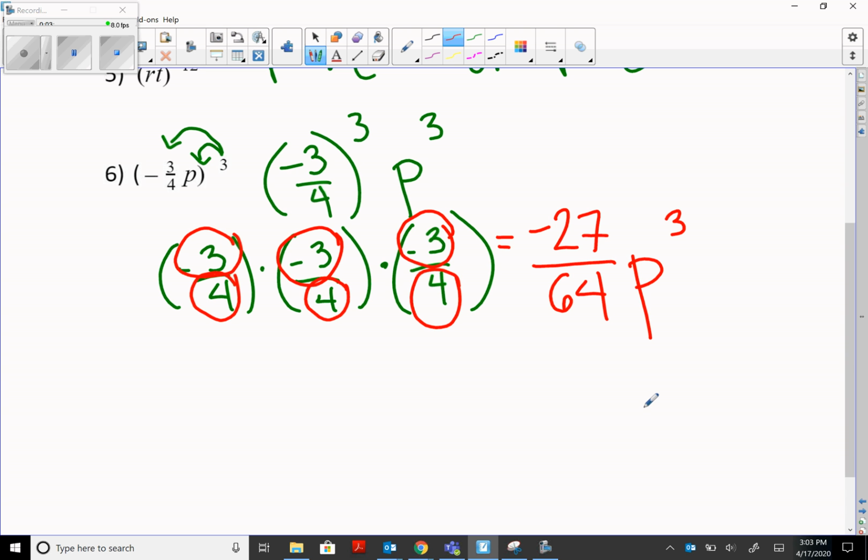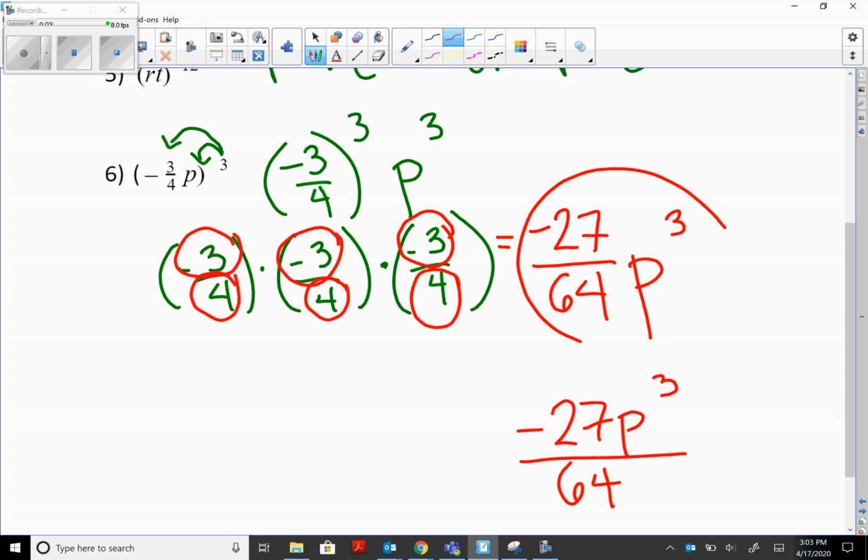Or, because technically p to the 3rd power could be written as p to the 3rd power over 1, I could also put it with the 27 in the numerator and then just put the 64 in the denominator. These are the same thing. It's just that on one of them, I'm writing it out to the side, and on the other one, I'm writing it as a fraction, and it goes in the numerator.